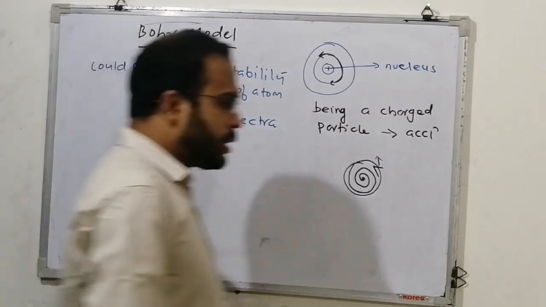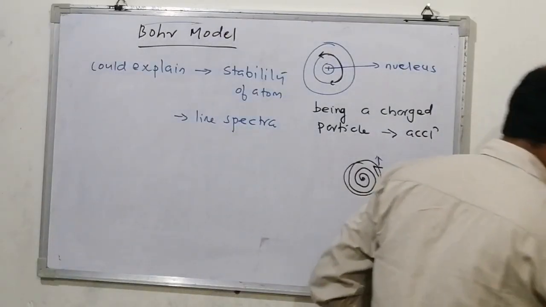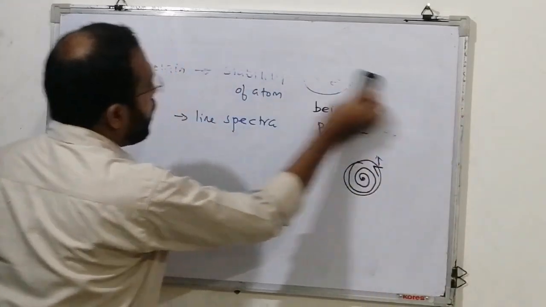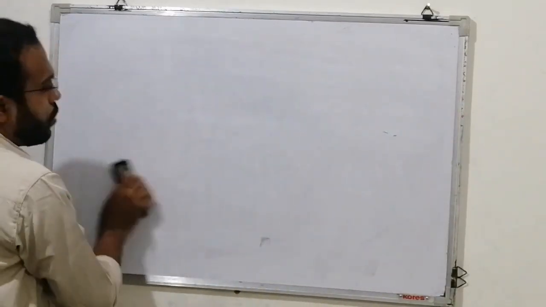Now let us discuss the postulates of the Bohr model. I said to you, the Bohr model is an improvised or extended Rutherford model.